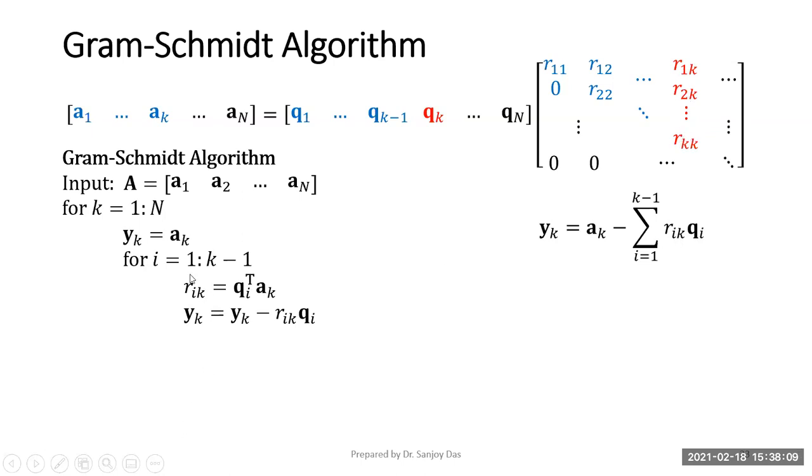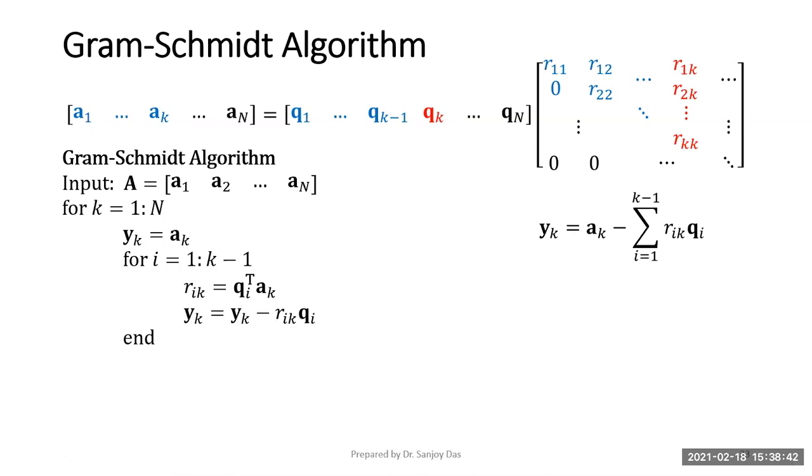I find all of these, and then YK equals, at the end of this for loop, I'll have subtracted all these terms from AK. That will be the actual YK, right? YK I initialized to AK, and then I'm subtracting all the terms here. So this is my inner for loop. You guys are with me as far as this inner for loop is concerned? Yes. And then what do I do?